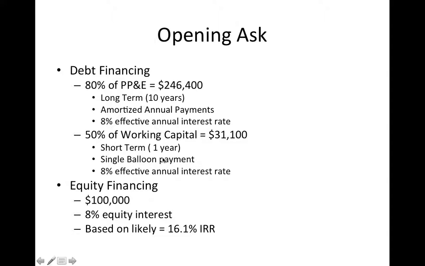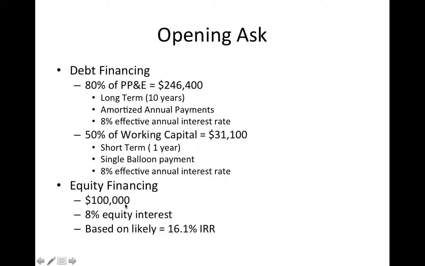And the short-term, while it's not secured debt, it is very short-term, and so I think for 1 year, 8% is a reasonable ask. Again, if we needed to sign some sort of personal guarantee on that, we certainly could.